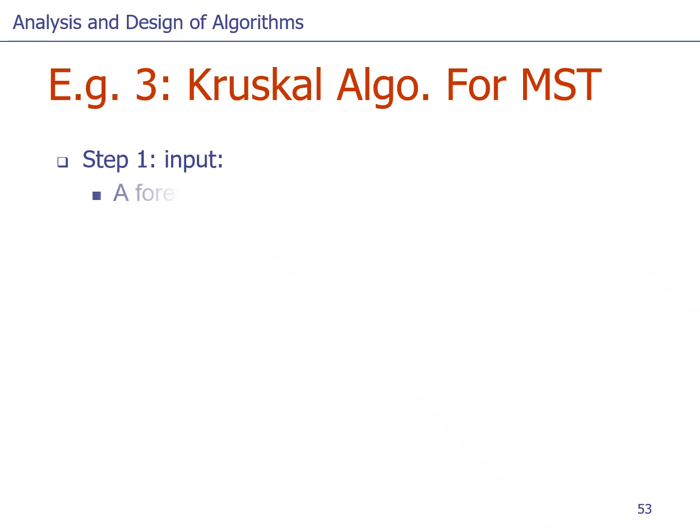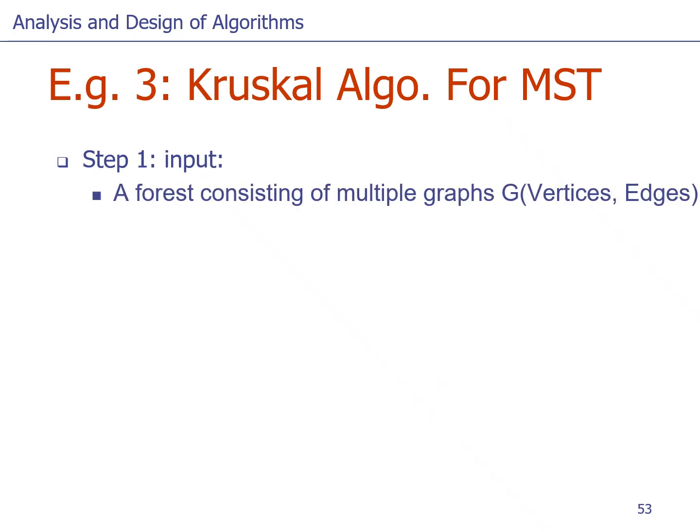Step number 1, what's your input? The input here is a forest consisting of multiple graphs. So this algorithm will work nicely not just on a tree, it works on a forest of trees. Now, for this algorithm to work, each edge must be assigned some cost or weight.